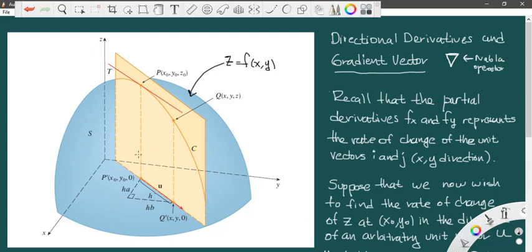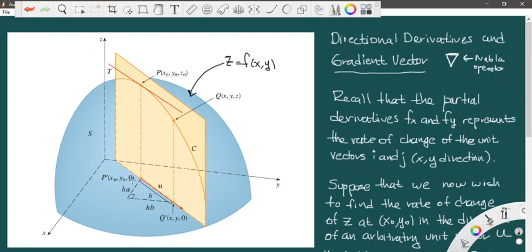Okay. Then if you see, the first time we were calculating the partial derivatives for x and y, holding either x or y constant to capture the rate of change of a variable x in z, holding y constant, or the effect in z of the variable y holding x constant.